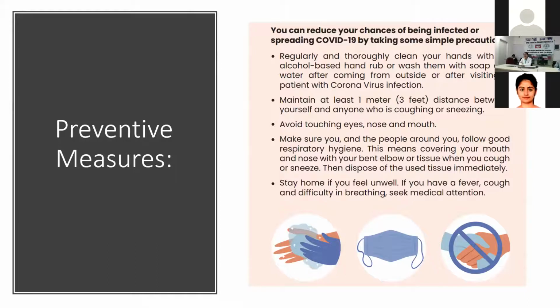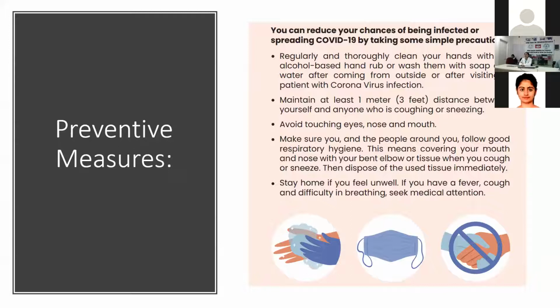As we all know: hand hygiene, social distancing, avoiding touching eyes, nose, and mouth, and making sure the people around you follow good respiratory hygiene. This means cover your mouth and nose with your bent elbow or tissue when you cough or sneeze, then dispose of the used tissue immediately. Stay home if you're feeling unwell. If you have fever, cough, or difficulty in breathing, seek medical attention.